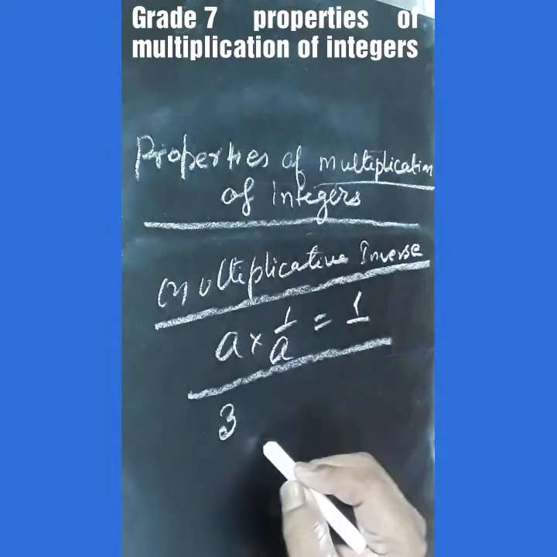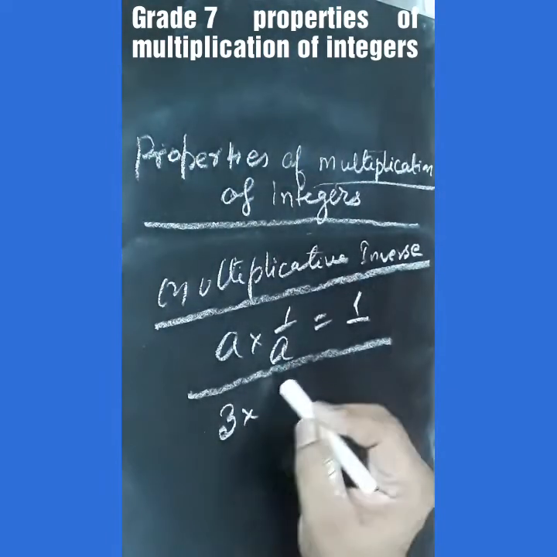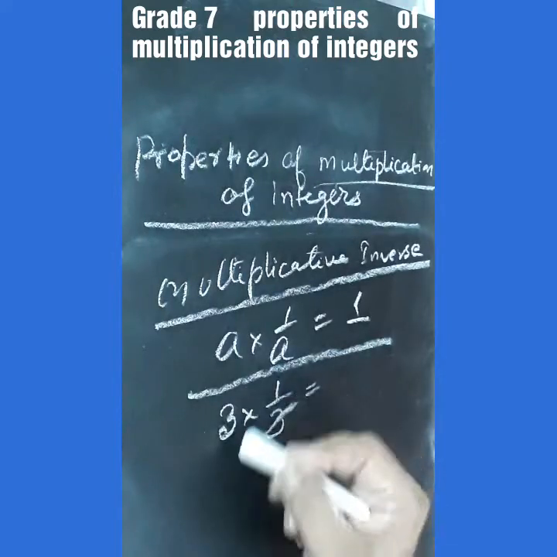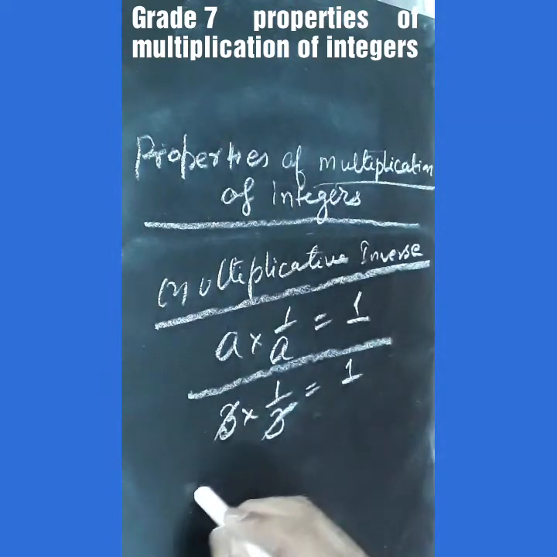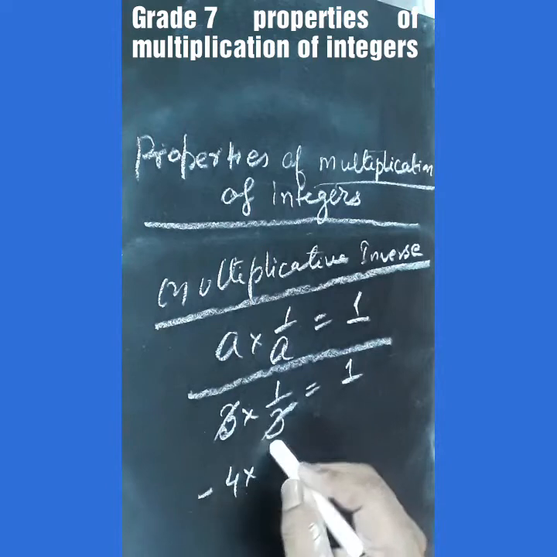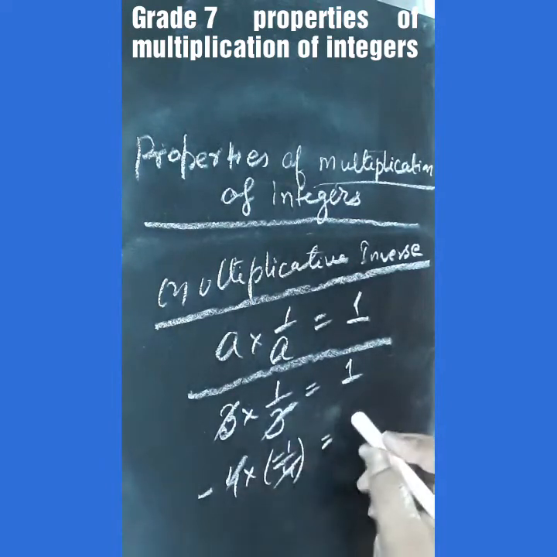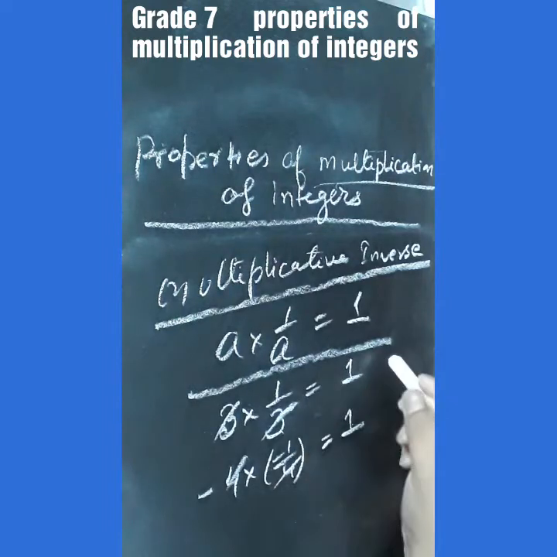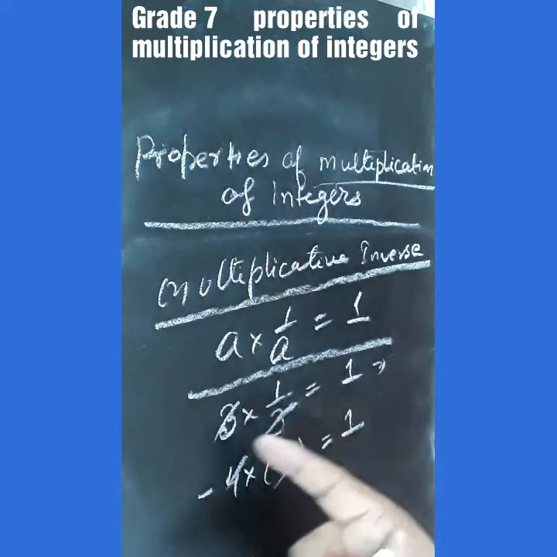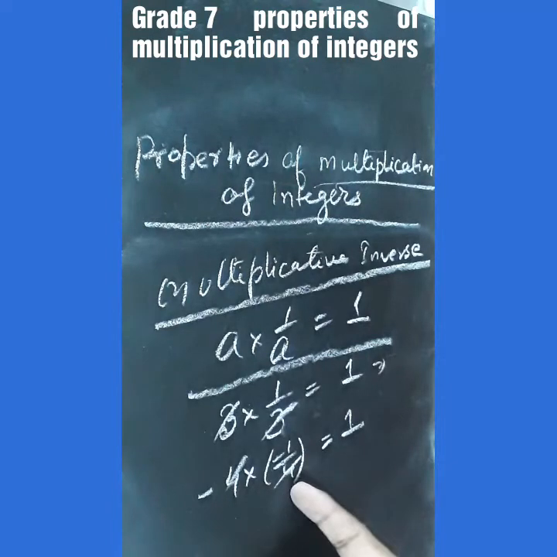Suppose we take 3 and multiply 3 by 1 by 3, we are getting 1 here. Let us take minus 4 and multiply it by minus 1 upon 4, again we are getting 1. Here 1 by 3 is the multiplicative inverse of 3. Here minus 1 by 4 is the multiplicative inverse of minus 4.